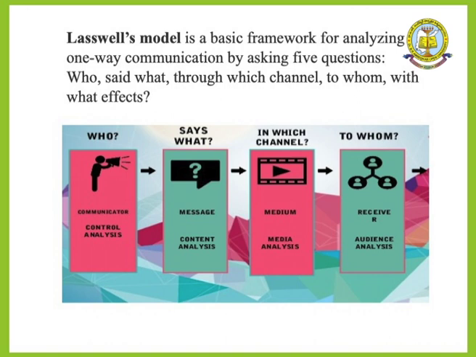There Lasswell talks about asking 5 questions for communication. He says: who said, that is who is communicating; what is being said; through which channel, that is what media or channel is used; to whom; and then with what effect. So one element that he added here is channel, which was not there in Aristotle's earlier model. So that is Lasswell's model.